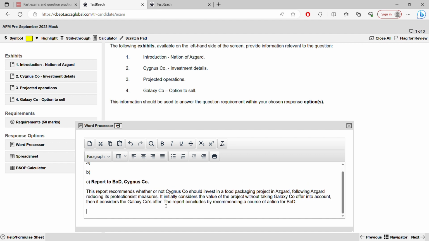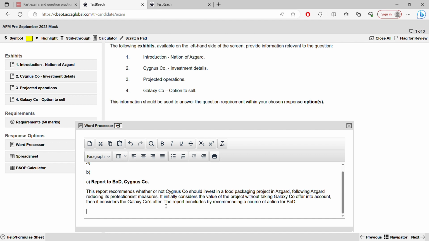How many subheadings will be there? 3. Okay. Estimated value of the Asgard project and initial recommendation. Okay. Or this is one subheading. Another way you could write is value of the project without Galaxy company's offer. Okay.